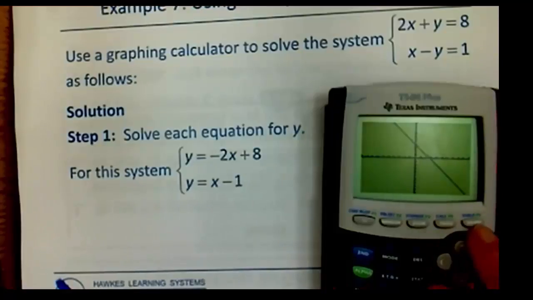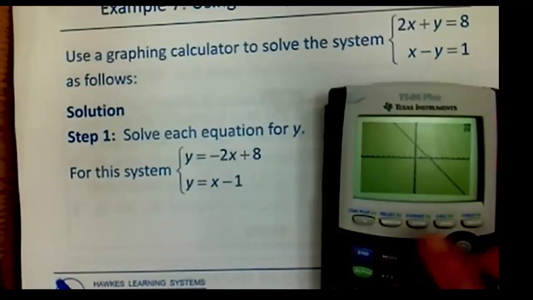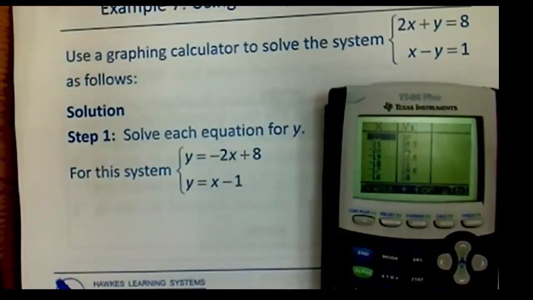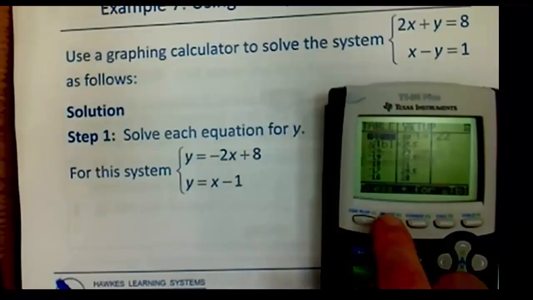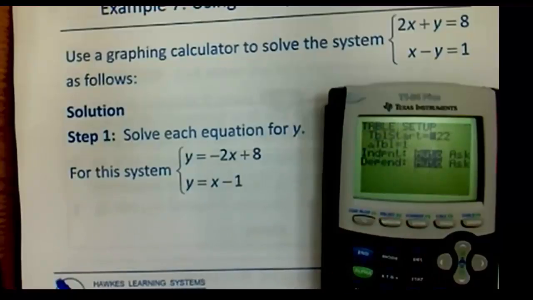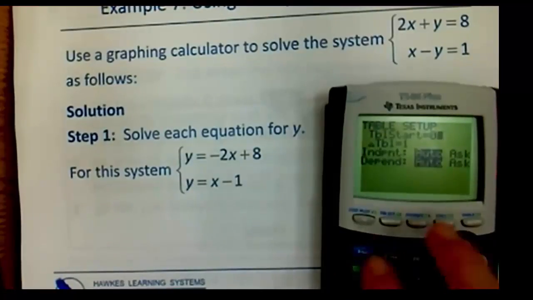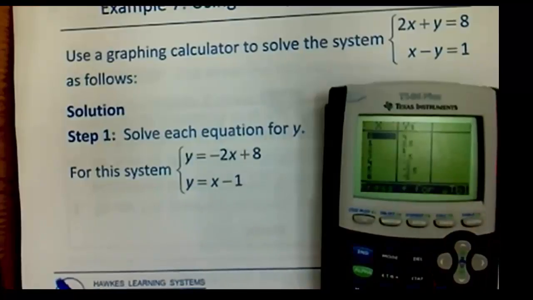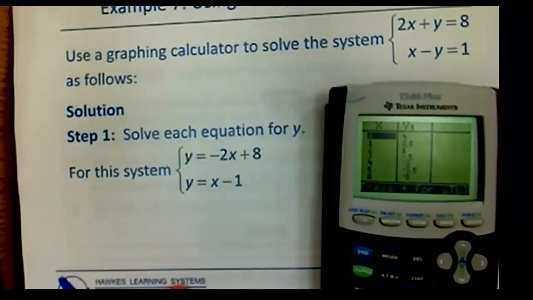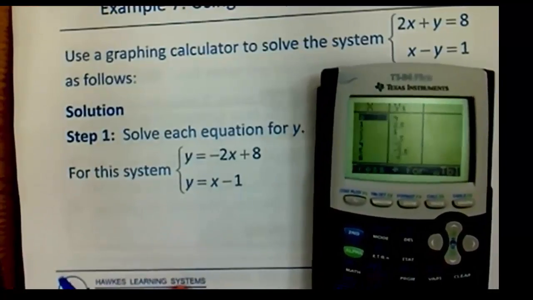And then at the end, the table shows you the numbers that the calculator has plotted to show that graph. My graph was starting at a negative 22 in my table, but if I go second to window and get my table set, I can change that back to 0. So now when I hit table, my table will be more reasonable, and it will be back at the 0 level.